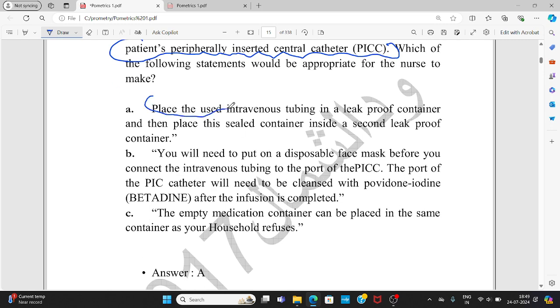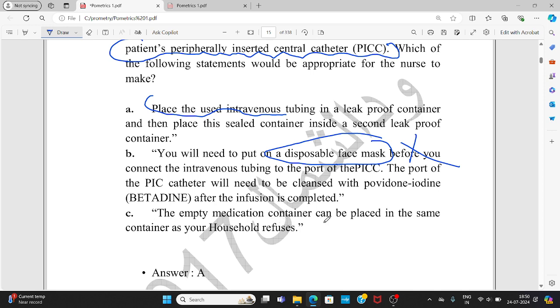Place the used IV tubings in a leak-proof container and then place the sealed container inside a second leak-proof container. You will need to put on a disposable face mask before you connect the IV tubings to the port of PICC. The port of PICC catheter will need to be cleansed with povidone iodine after the infusion is completed. So, disposable face mask is not at all needed for this.